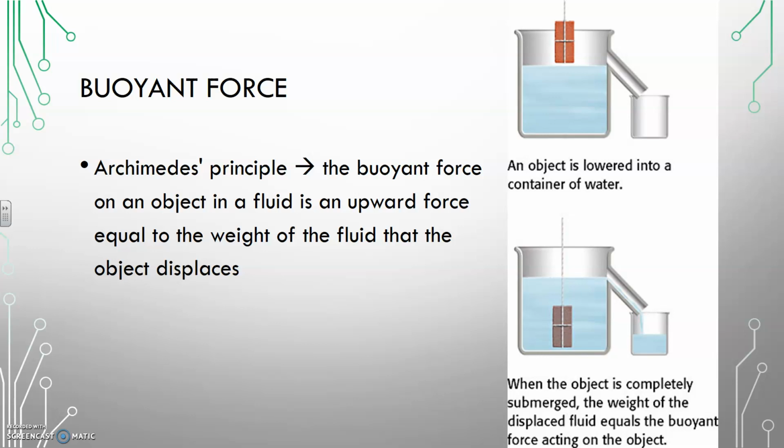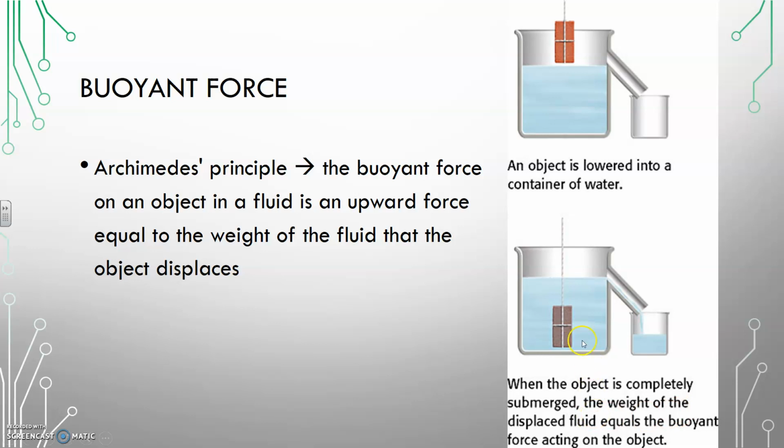The Archimedes principle states that the buoyant force on an object in a fluid is an upward force, and it's equal to the weight of the fluid that the object displaces. In this case we can see the object is lowered into a container of water, and once that object is completely submerged, the weight of the displaced fluid equals the buoyant force acting on the object.